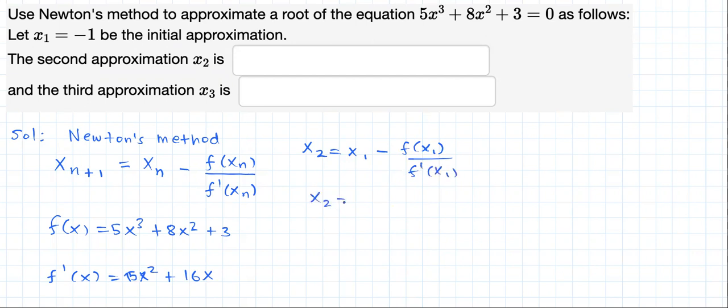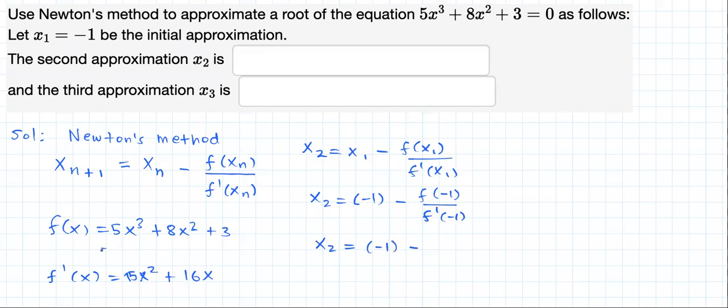So x2 should be equal to our initial approximation -1 minus the function evaluated at -1 over its derivative evaluated at -1. So x2 should be equal to -1 minus the evaluation of the function at -1. What is that?